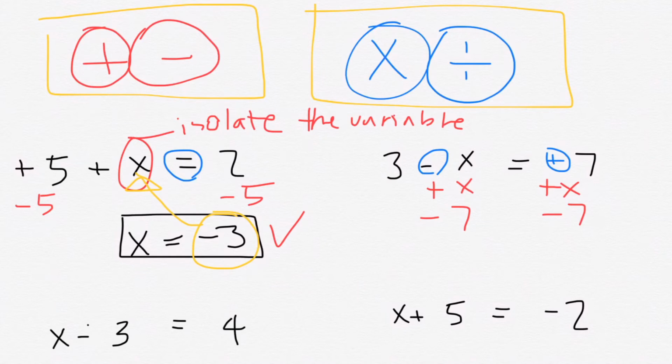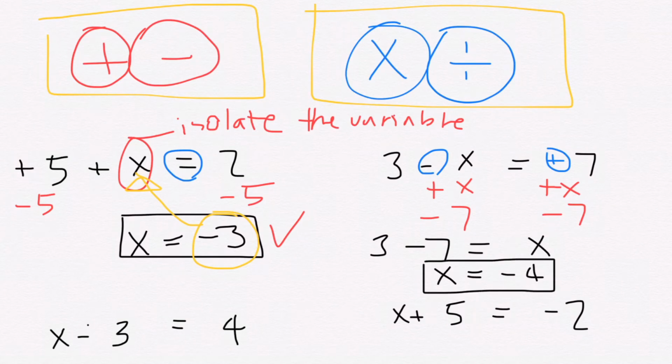If we end up calculating all of this, we get 3 plus x and minus x cancel out, right? So we get 3 minus 7 equals, the minus 7 and plus 7 cancel out, x, which is x equals -4. So that should be your answer.